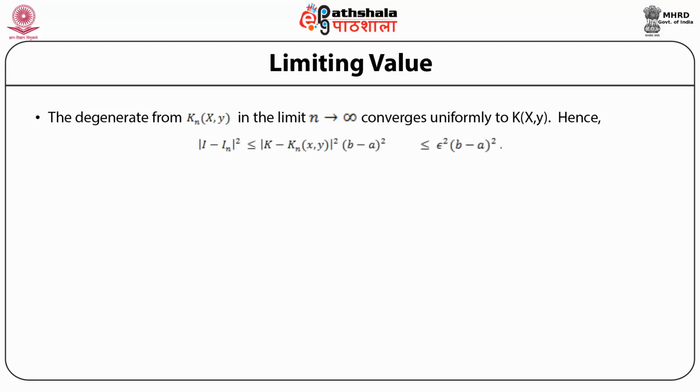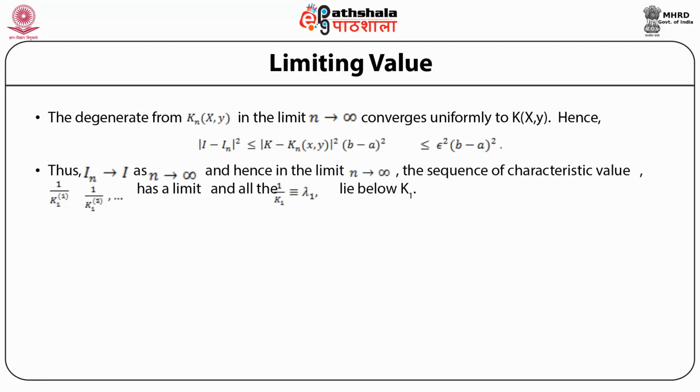Hence, the modulus of I minus I_n squared is less than or equal to the modulus of K minus K_n squared multiplied by (b minus a) squared, which is less than or equal to epsilon squared times (b minus a) squared. Thus, I_n goes to I as n goes to infinity, because as n goes to infinity, epsilon goes to 0.